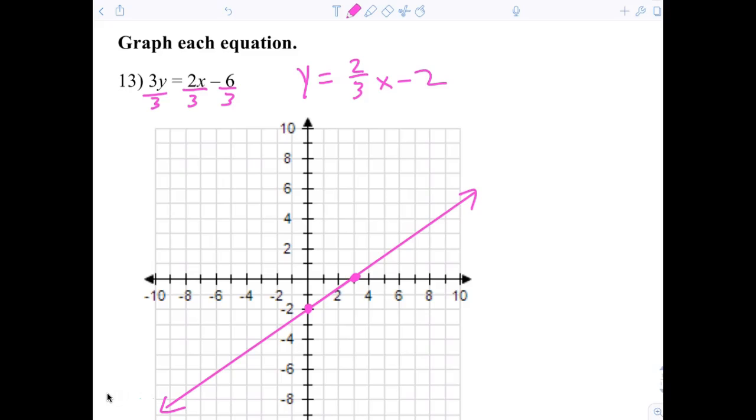Come on now. Divide by 3. You see how I divided by 3 there, buddy? And I end up with 2/3 x minus 2. You good with that? Now do you remember how to graph that? You go what? Yes, you do. You're right.